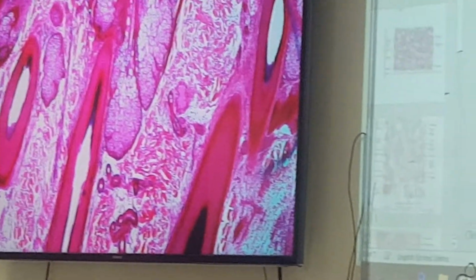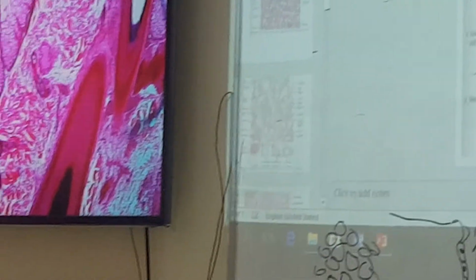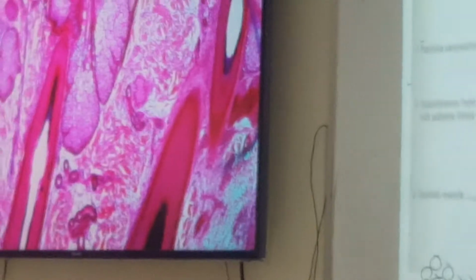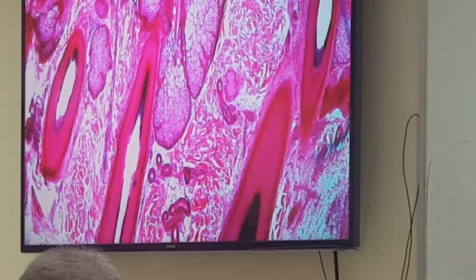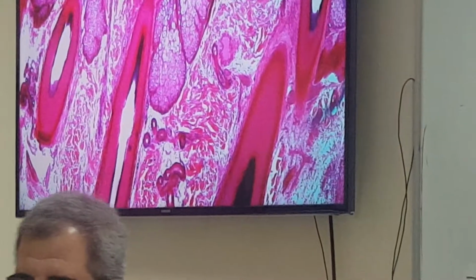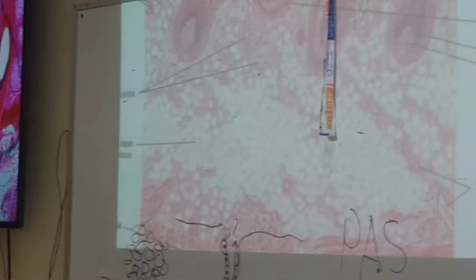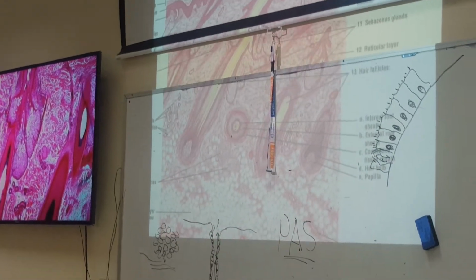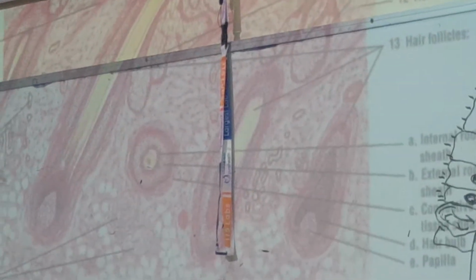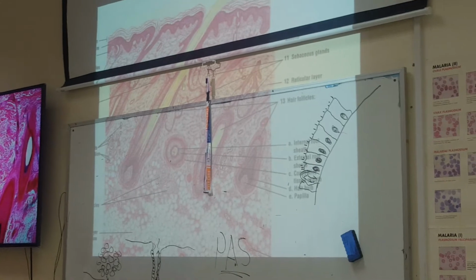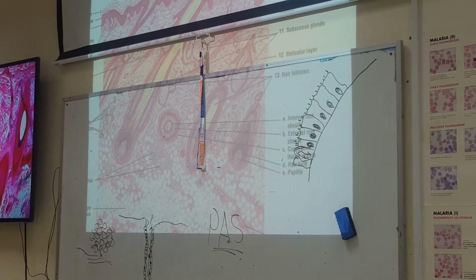It's clear here too. So, look at this hair follicle. This is a drawing. Usually a drawing shows you the typical thing. Next to the hair follicle you will see these are the sebaceous glands.